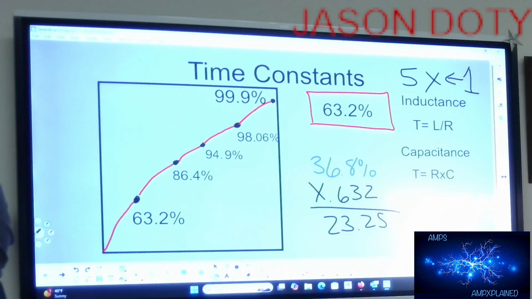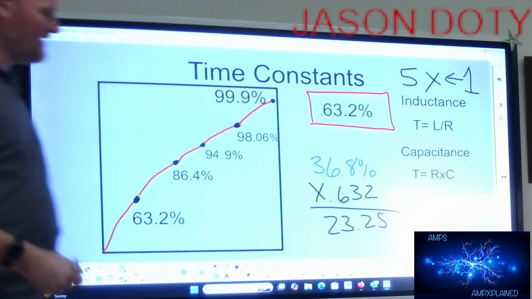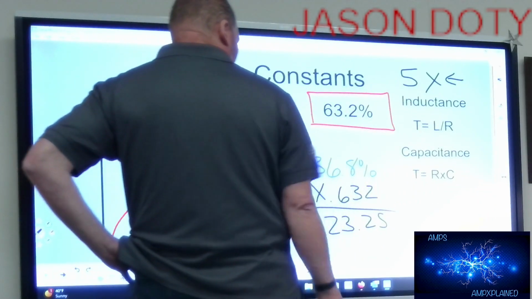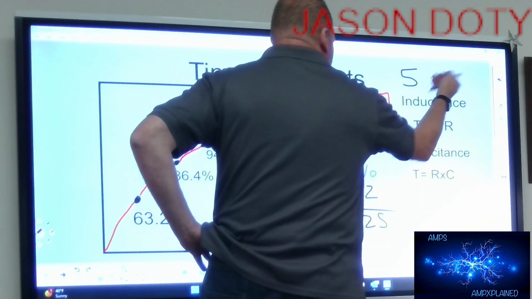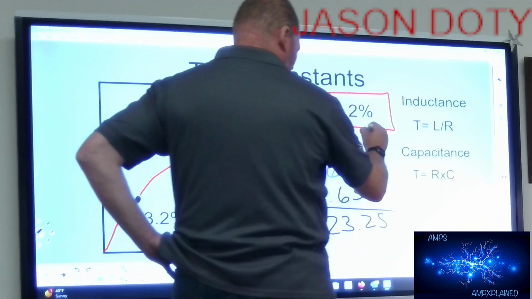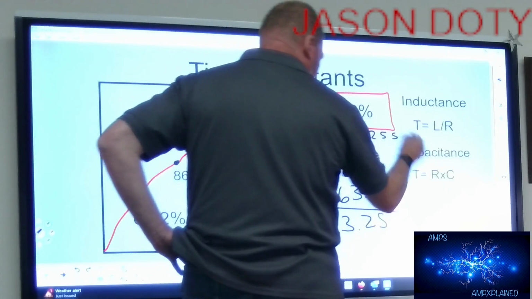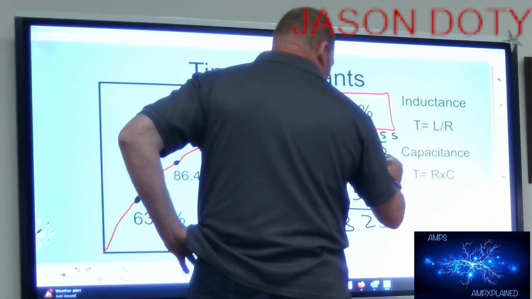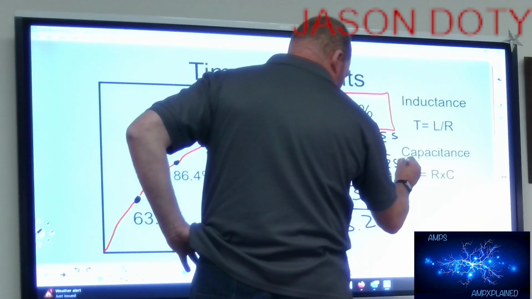So if we wanted to know how long it's going to take to fully charge our battery, we can take that result of our 1 time constant and multiply it by 5. So if we have 2.25 seconds for 1, we multiply that by 5, and we get 1.25 seconds.